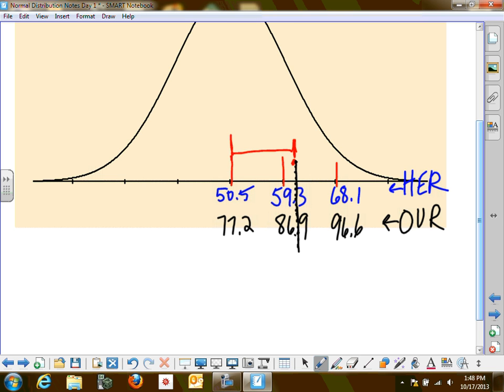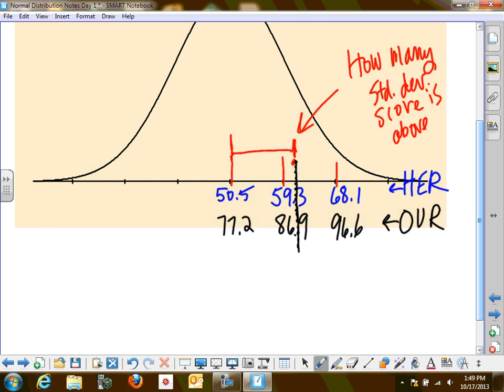Very good. So here it is: I need to find out how many standard deviations this score is above the mean. That is the key to the whole thing.